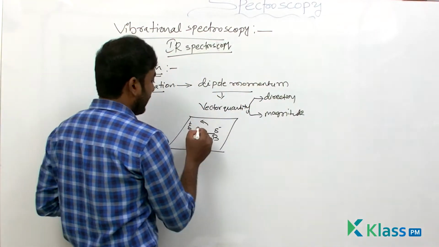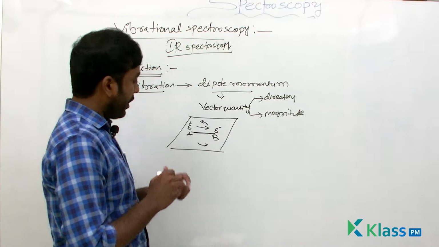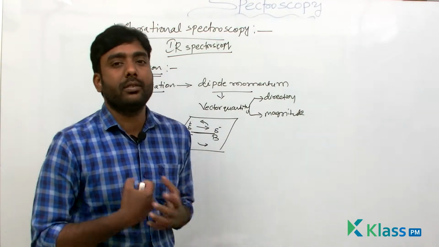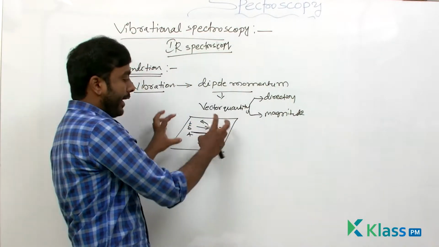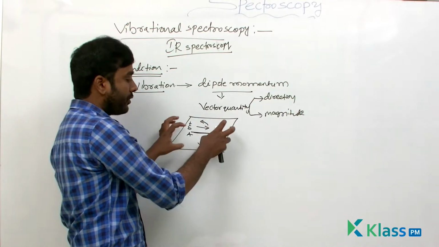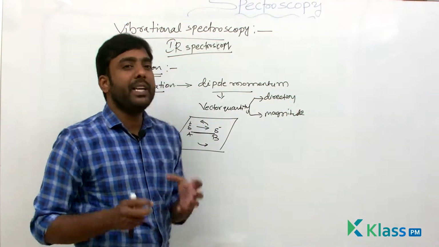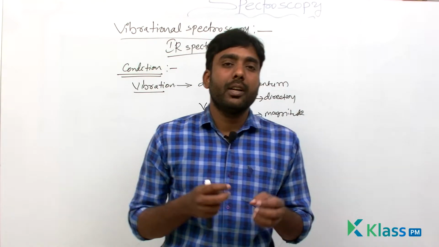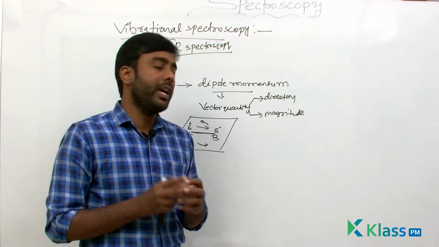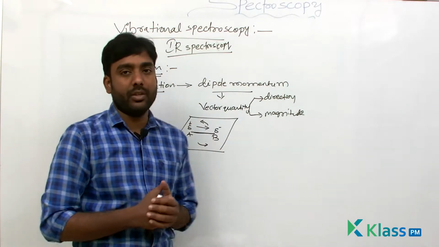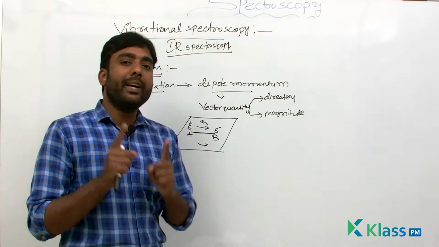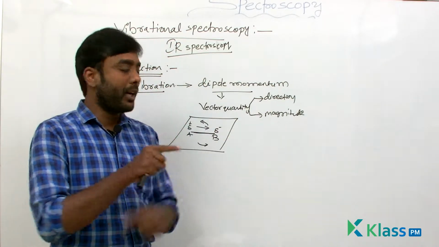This molecule is rotating on its own axis, so here negative, here positive, and when it rotates, here positive, here negative. So there is a periodic change in the electric field, or you can say the charge, which is changing the direction. So the dipole moment is changing because its direction is changing.